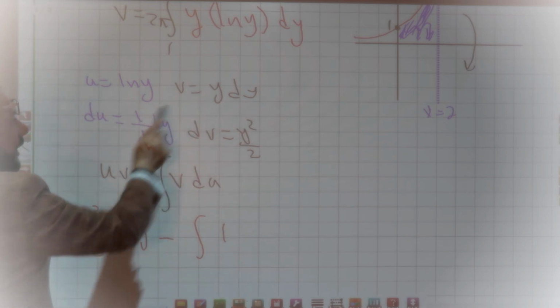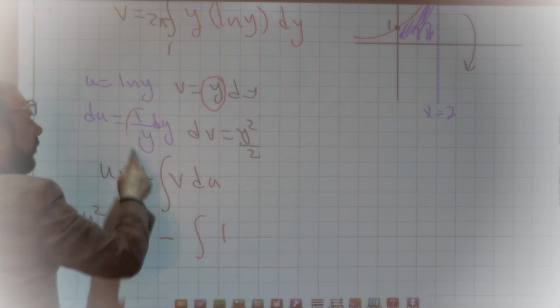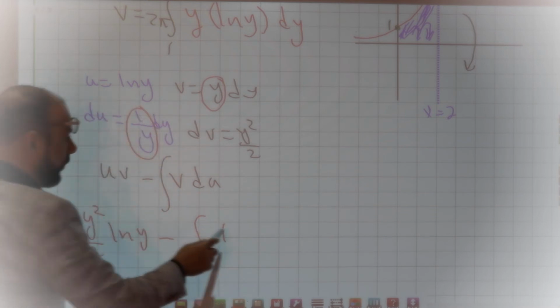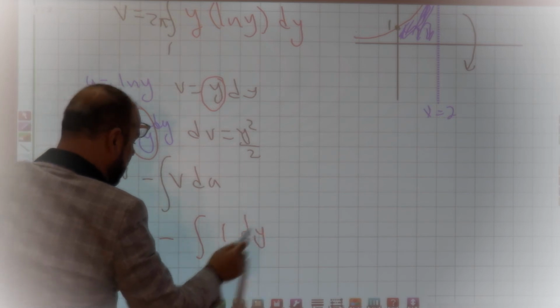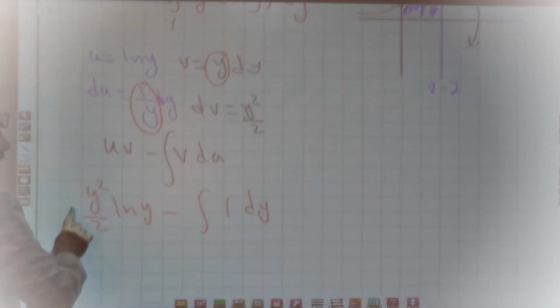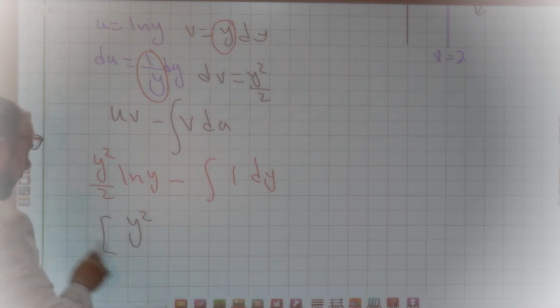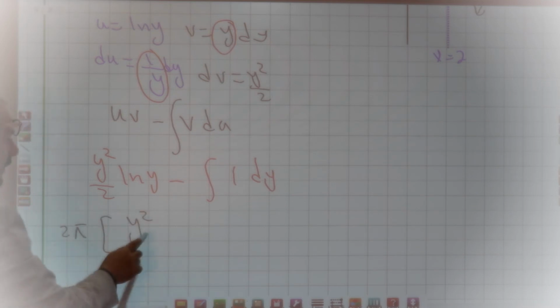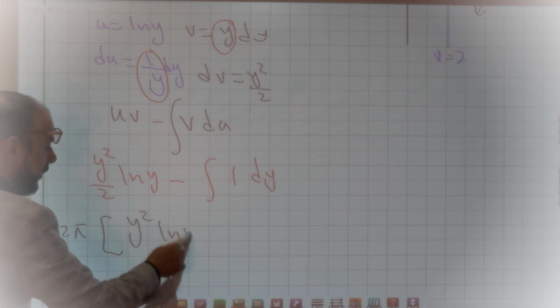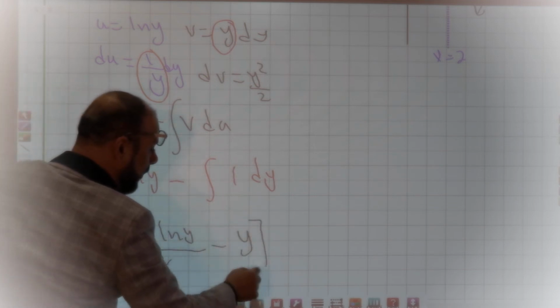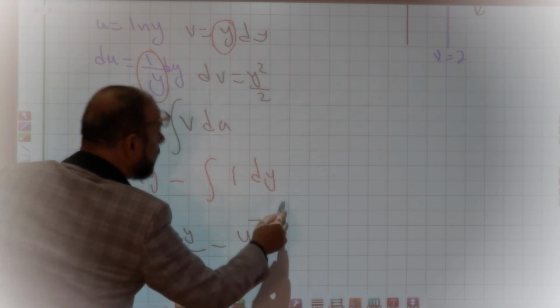If you multiply y squared over 2 times 1 over y, what will be? Just y over 2 dy, which gives y squared over 4. Don't forget I have 2 pi, I'm going to leave it to the side. So y squared ln y over 2 minus y squared over 4, my limit from 1 to e squared.